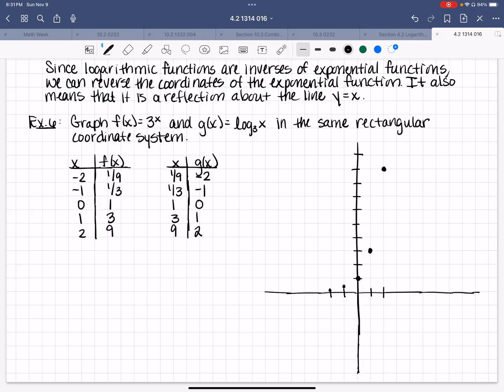Okay, so our usual exponential function there.